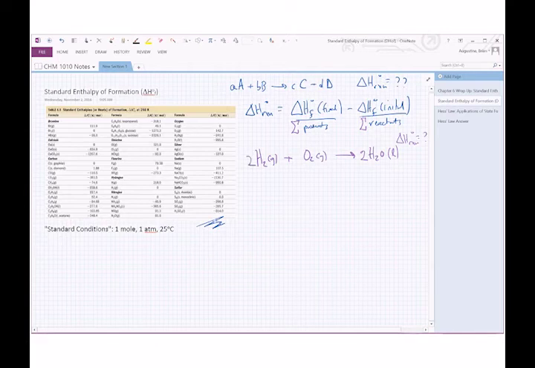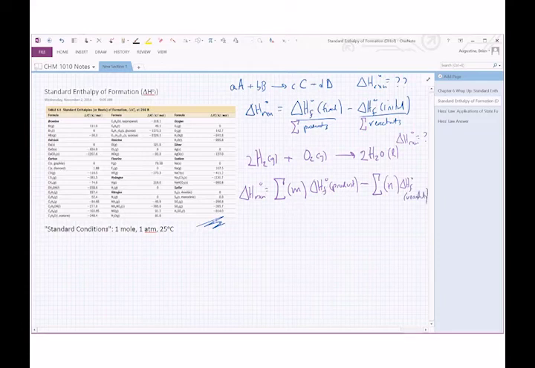So how does this work? Delta H reaction is equal to the sum. Now here's the other little piece that I didn't put in here: the number of moles from the coefficients out in front, times delta H sub F of the products, minus the sum of the number of moles times delta H sub F, that you look up, of the reactants.